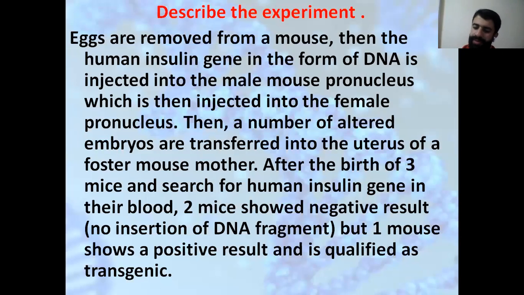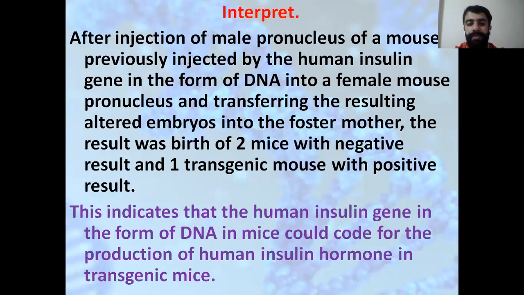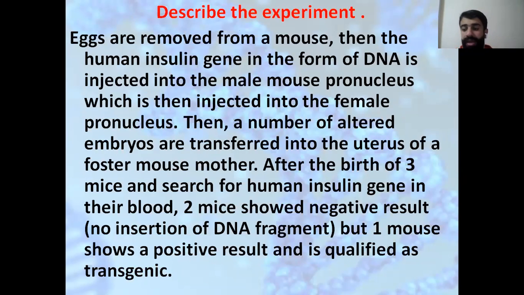Description for this experiment. As you know, a description should be in the passive form. So the eggs are removed from the mouse, then the human insulin gene in the form of DNA is injected into the male pronucleus of the mouse, and then it's injected into the female pronucleus. The altered embryos are transferred into the uterus of the foster mother.